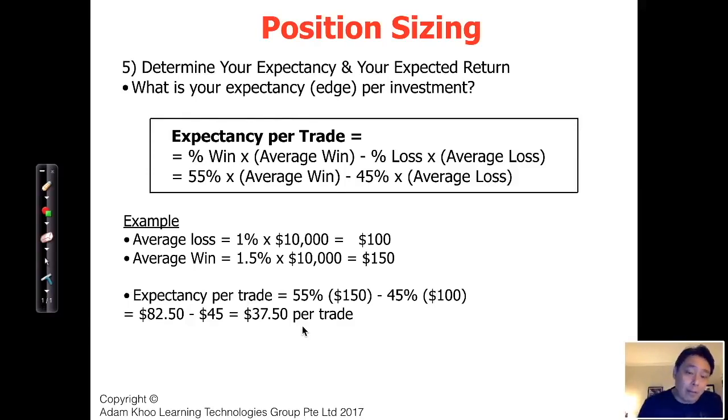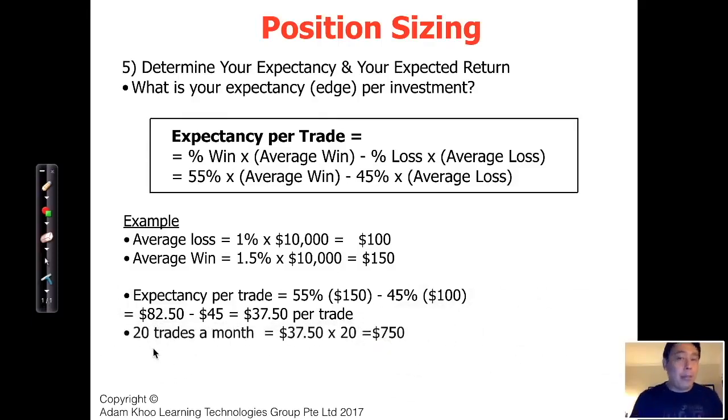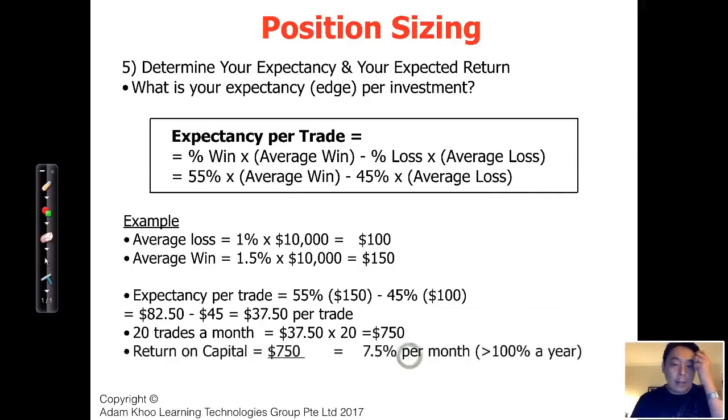That's the statistical average. So this means that if you do 20 trades a month, 20 trades multiplied by $37.50 is $750. And $750 over 10 grand is a 7.5% return per month. Okay? If you compound that 7.5% a month, over a year it's over 100%. You're doubling your money every year.